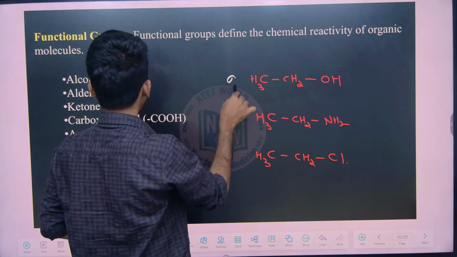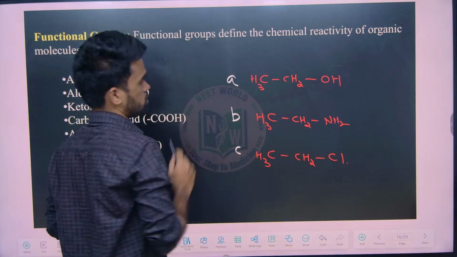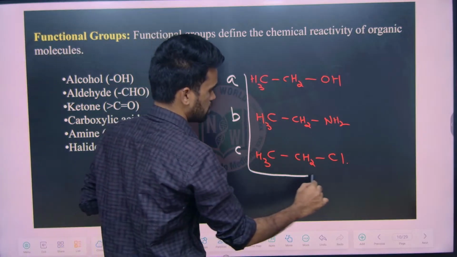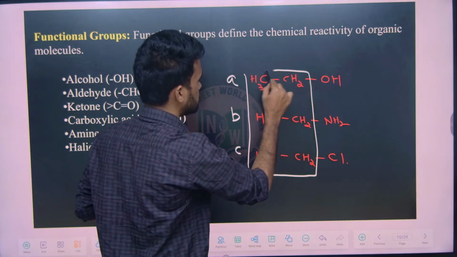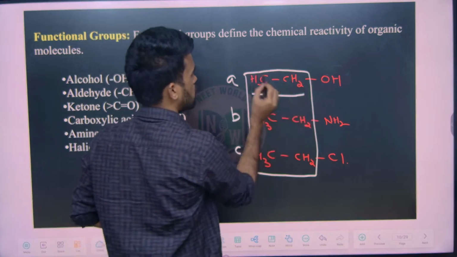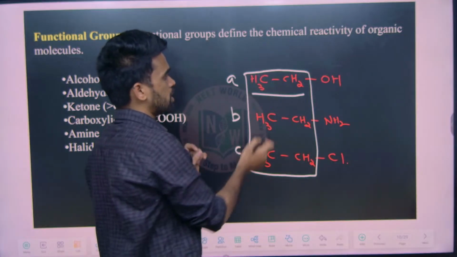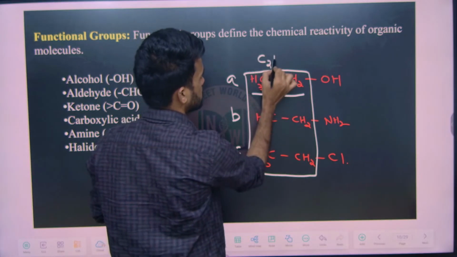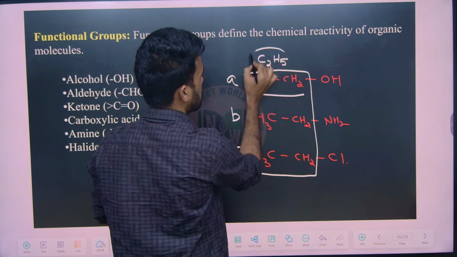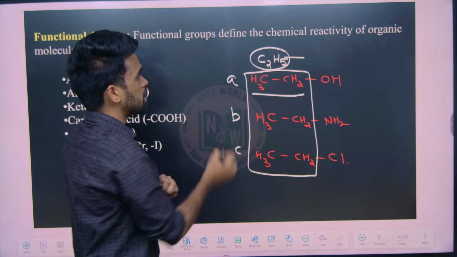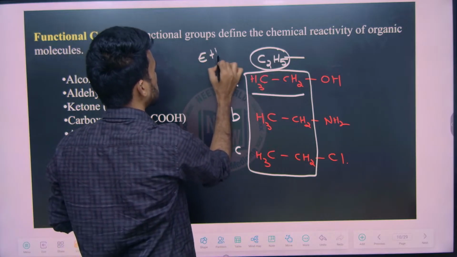So I have made three compounds here, A, B, C. If you have observed, this fragment is the same here, and this fragment is the same. That fragment which I highlighted is called the hydrocarbon chain. How many carbons are there? 2 carbons, C2. How many hydrogens are there? H5. So this group is called an alkyl group, and particularly with 2 carbons, you should say it is an ethyl group.